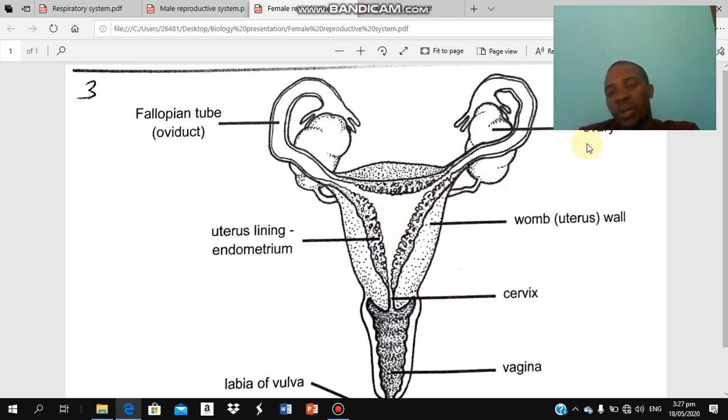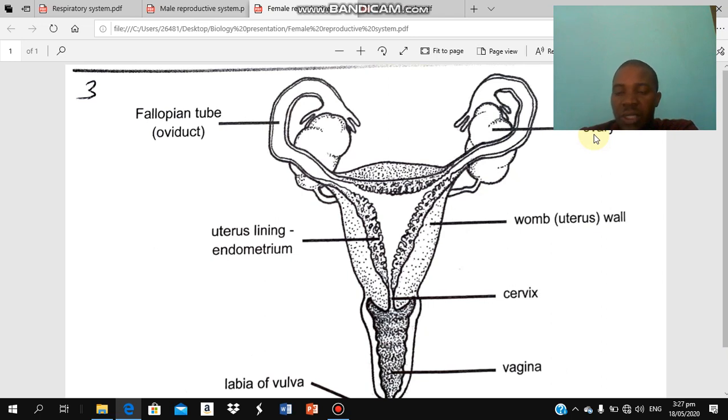We go to the other part which is known as the ovary. What is the function of the ovary? The ovary has two functions. One, it produces female sex hormones. Why do I say hormones? Because they are two. The ovary produces the female sex hormones, estrogen and progesterone.